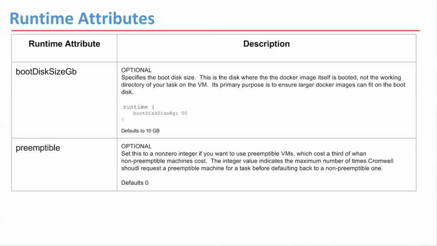Okay. Another runtime attribute is boot disk size, and this is the amount of memory that you require on your boot disk that your Docker image is loaded on. It defaults to 10 gigabytes, but if your Docker image is very large, then it's not going to fit on the boot disk using the default value of 10 gigabytes, and so you'd have to go ahead and up it.